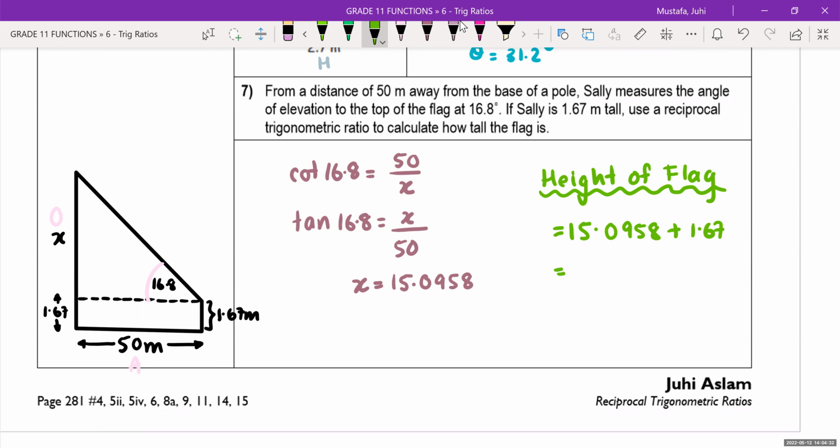So I'm getting 16 point, and we'll round it. So 16.8 meters tall.